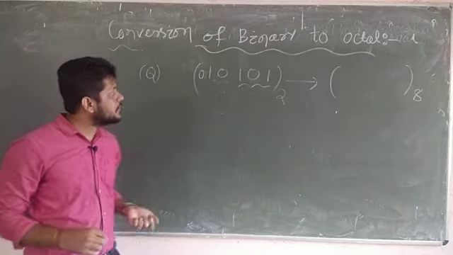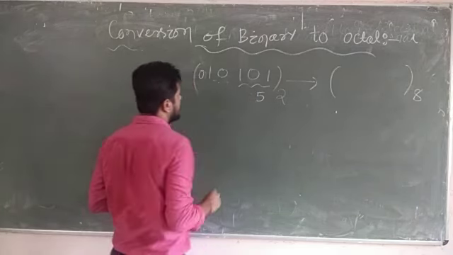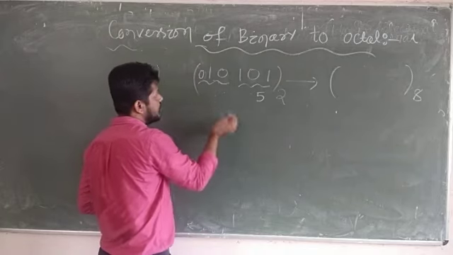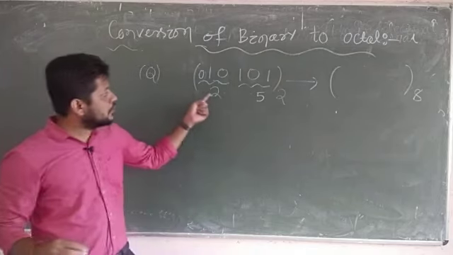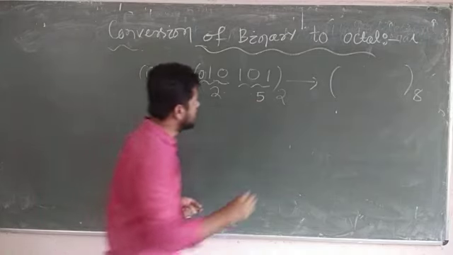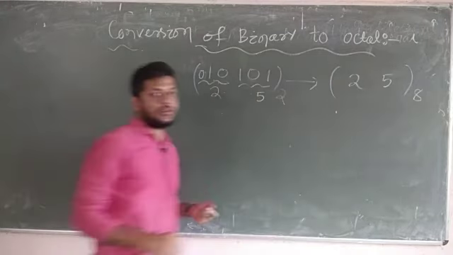This 101 in decimal is 5 and this 010 in decimal is 2. So 2 and 5. The answer will be 25.